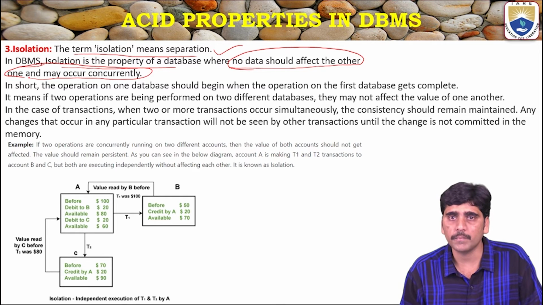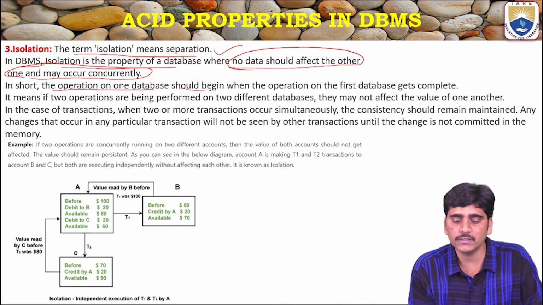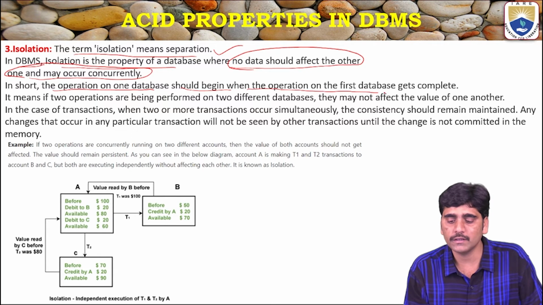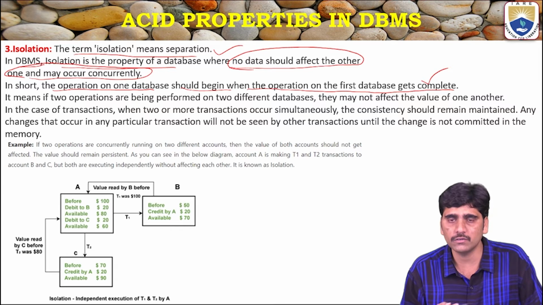That means if you are performing an operation on one database, it will not affect another database. The operation on one database should begin when the operation on the first database gets complete.